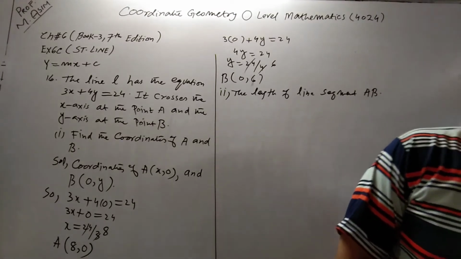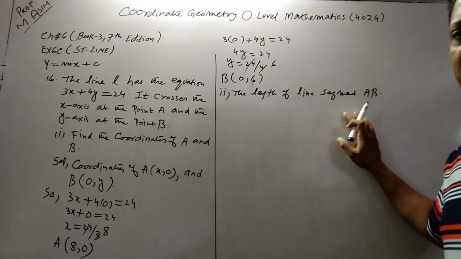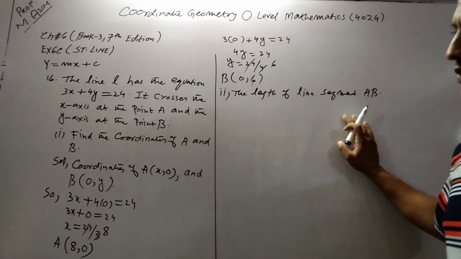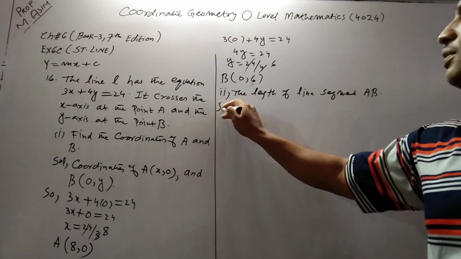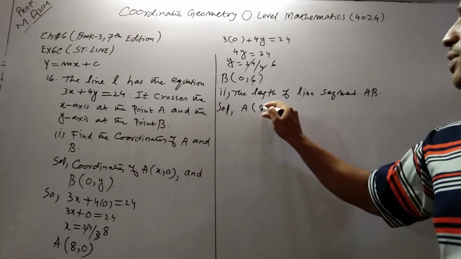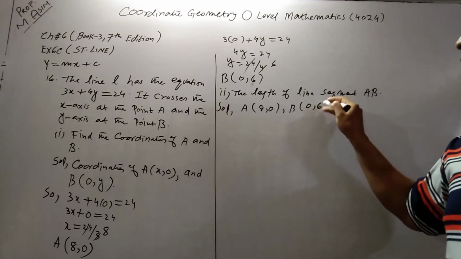Length or distance, both are same. So if you see the length of the line or the distance of the line, we use distance formula. What are the coordinates of A? 8, 0. What are the coordinates of B? 0, 6.